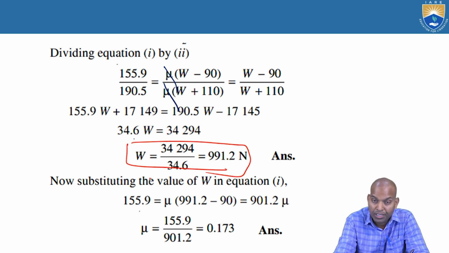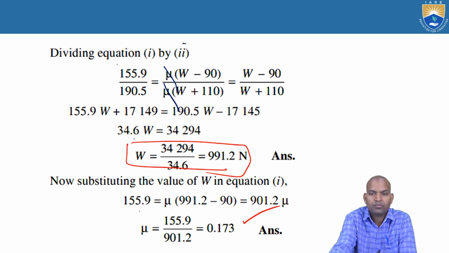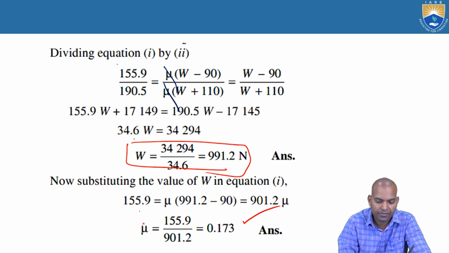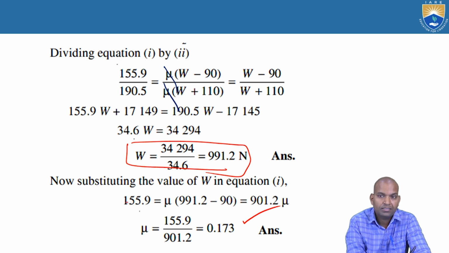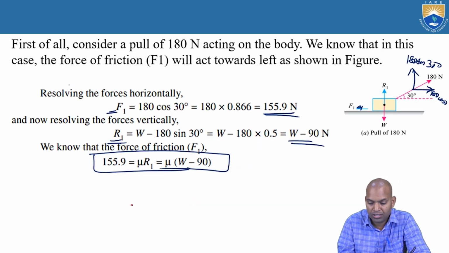The next one, we need the coefficient of friction. Substitute in either equation 1 or 2, then we will get the coefficient of friction mu equal to 0.173. The coefficient of friction obtained is 0.173 and the weight is 991 newtons, provided the push is 220 newtons and the pull is 180 newtons, both with an inclination of 30 degrees.